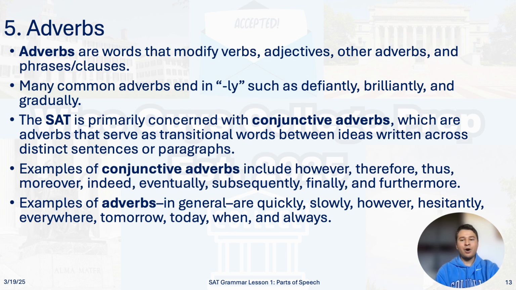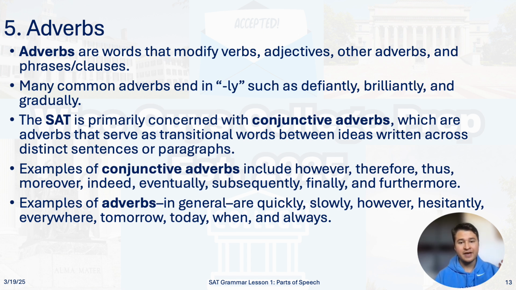Now, the 5th part of speech is the adverb. Adverbs are words that modify verbs, adjectives, other adverbs, and phrases or clauses. Most common adverbs end in ly, such as defiantly, brilliantly, and gradually. The SAT is primarily concerned with conjunctive adverbs, which are adverbs that serve as transitional words between ideas written across distinct sentences or paragraphs, okay?